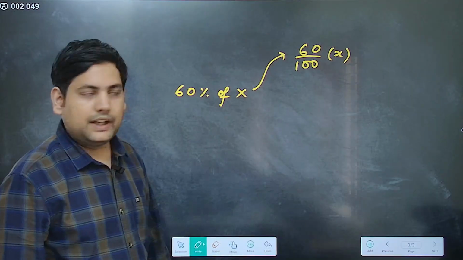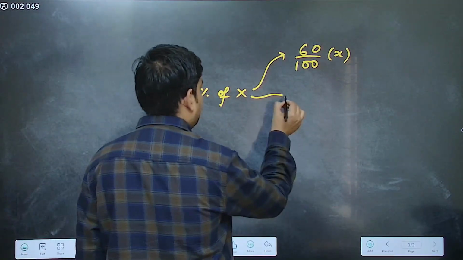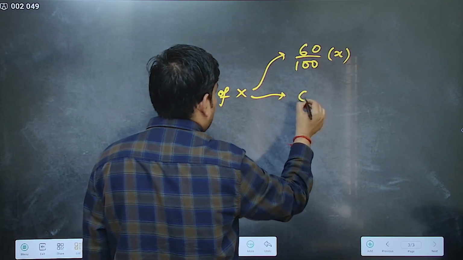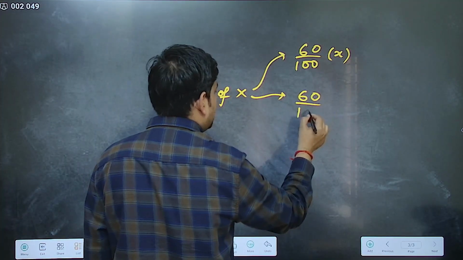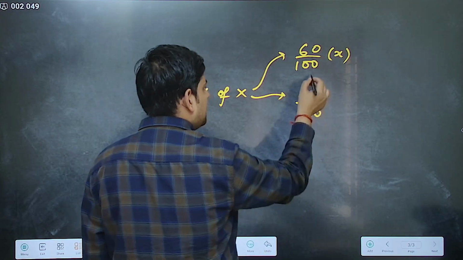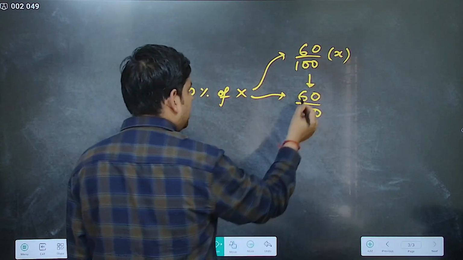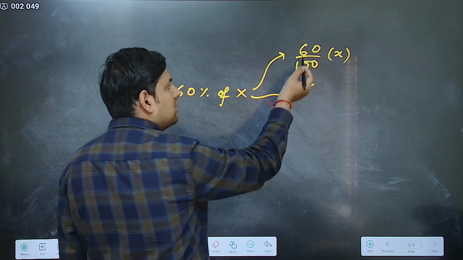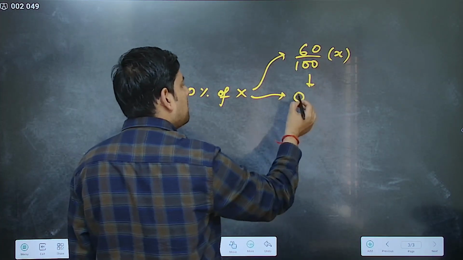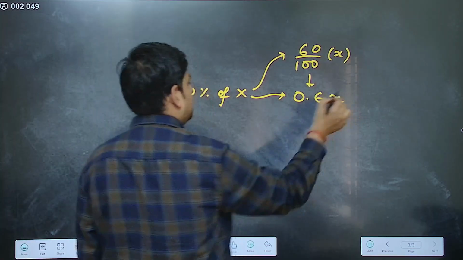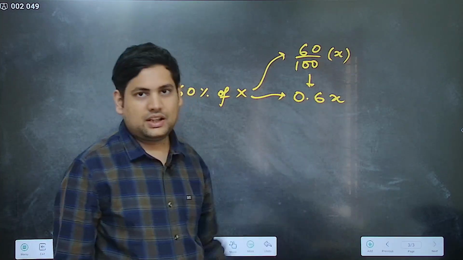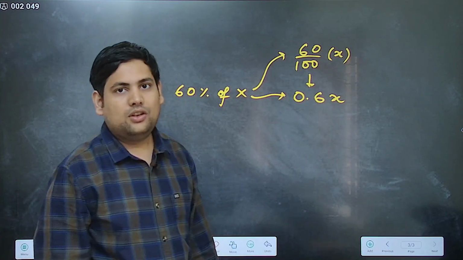This is one way of writing it. The other way is, see, 60 by 100. This 60 by 100 can also be written as what? If I cut 0 and 0, and 6 divided by 10, that is 0.6x. Can you see this? 60 by 100 will become 0.6x. This is another way of writing it.